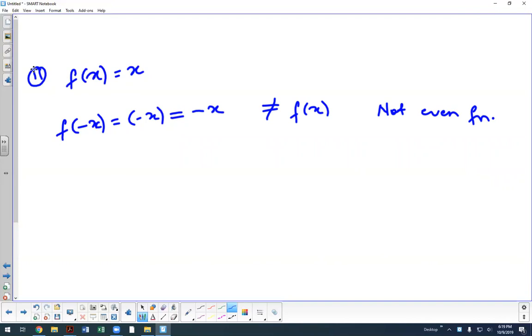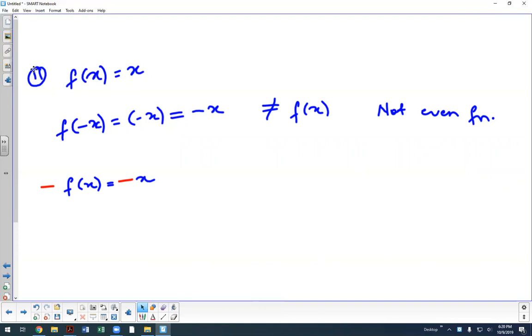If I wanted to check and see, do I have an odd function, take your original function and put a negative in front of it. Now, do I have a negative of the original function?